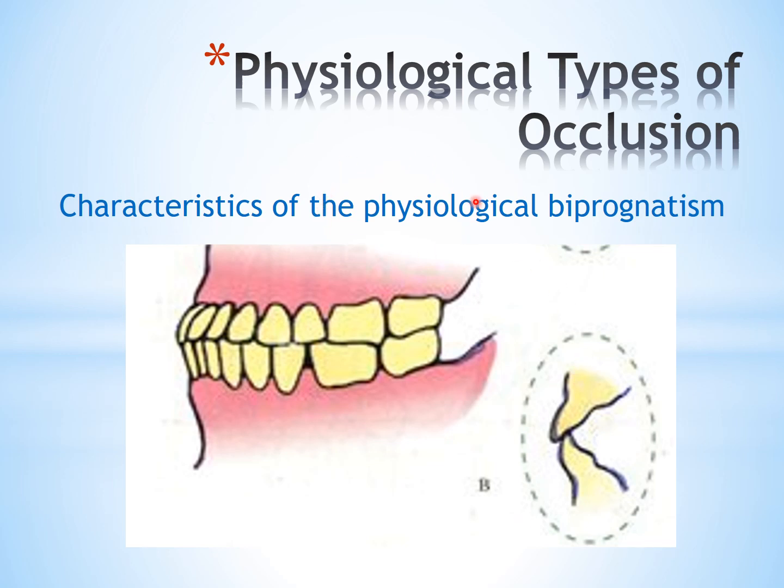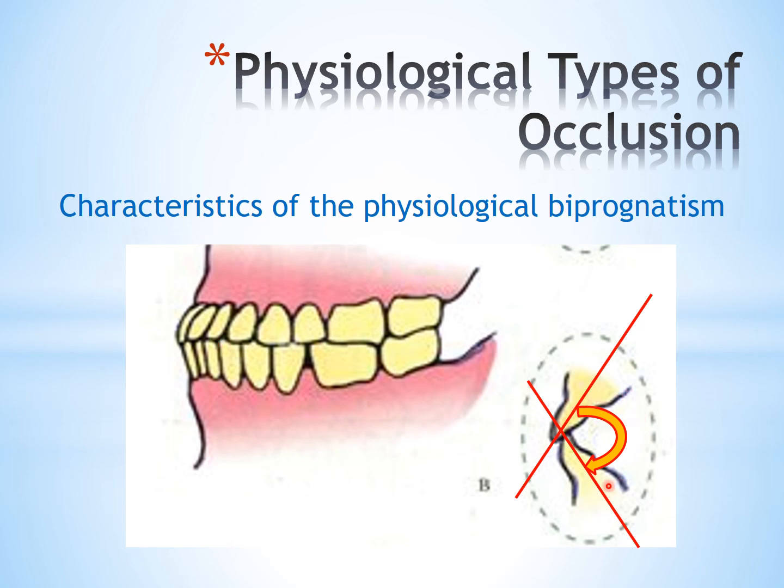Opposite situation, physiological biprognathism. Similar situation. The correlation between upper and lower buccal teeth is the same, but frontal teeth are proclined, tilted forward. But please notice, without spaces, without tremors and diastemas.